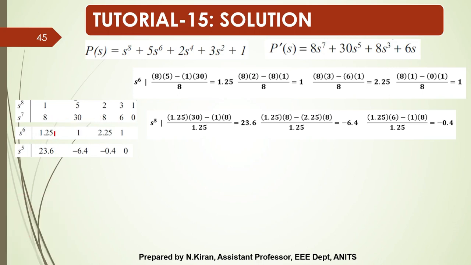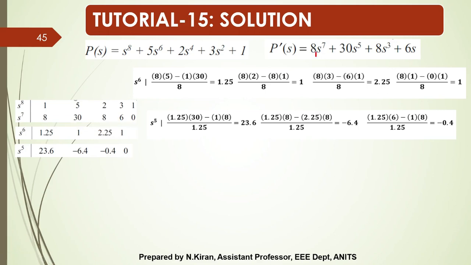Third element, 1.25 into 6 minus 1 into 8 divided by 1.25, which is minus 0.4. Anyhow, I will not get the next term since this is 0. Here also I have 0. So the next element will be 0.